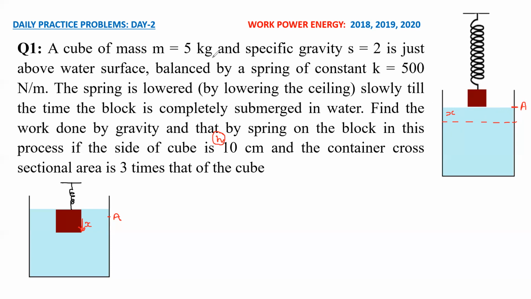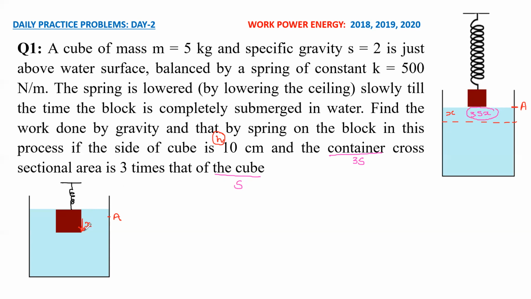Now, let the cross-sectional area of the cube be S, then that of the container, which is 3 times that, will be 3S. So here, the volume of the fluid is 3Sx.